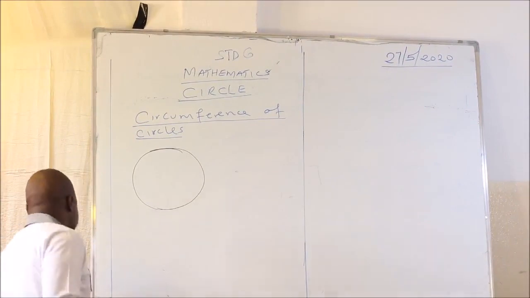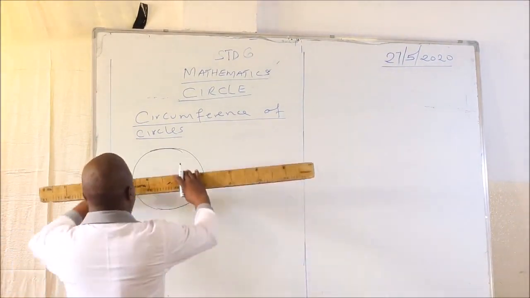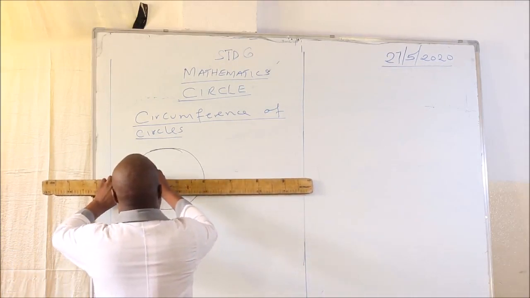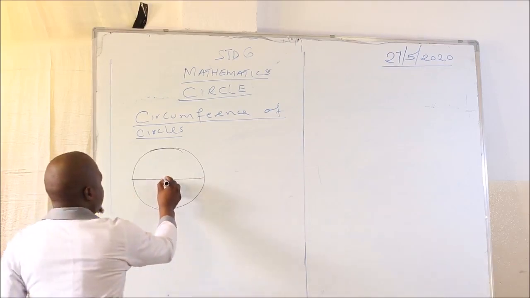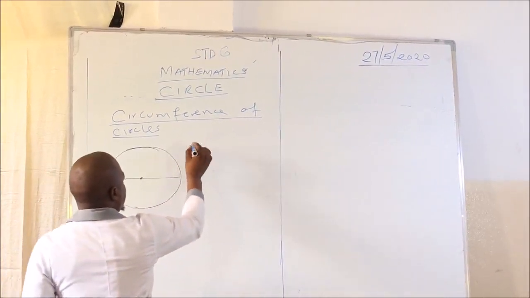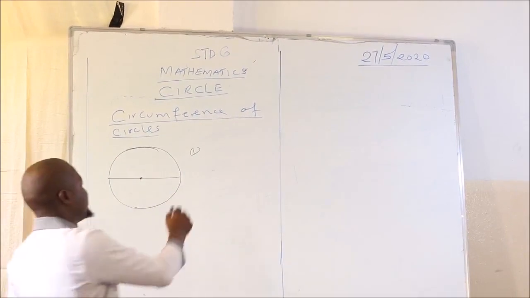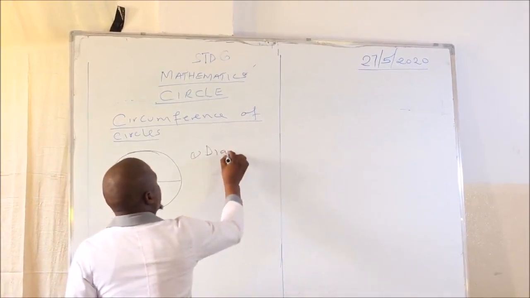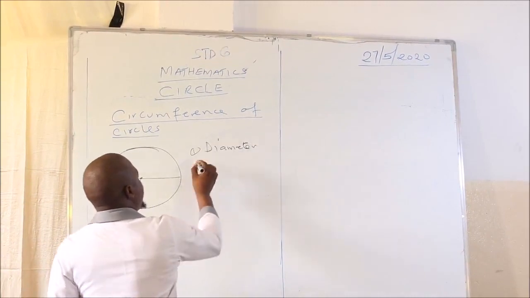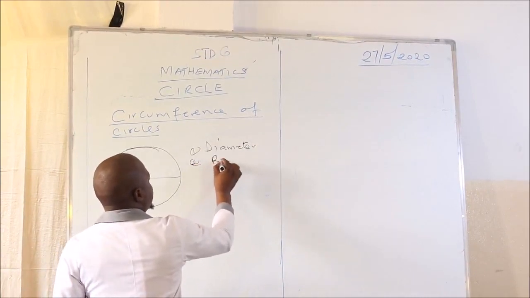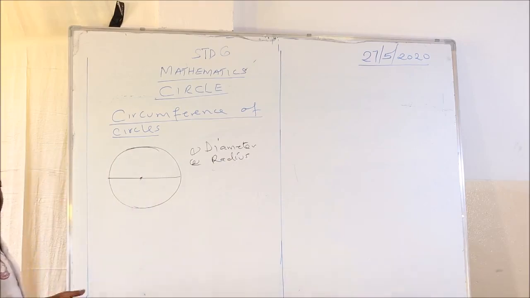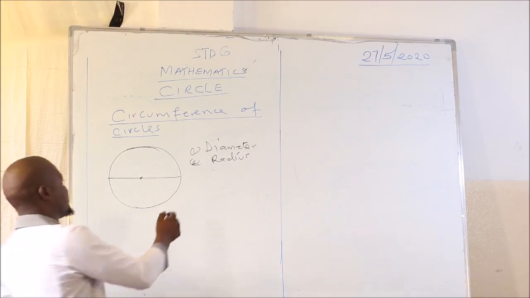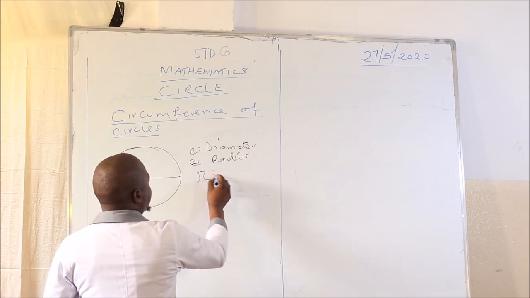Number one, under the circle, we have something called diameter. Then two, we have the radius. These are very important because they will help us in dealing with this topic. But also, we have something called pi.